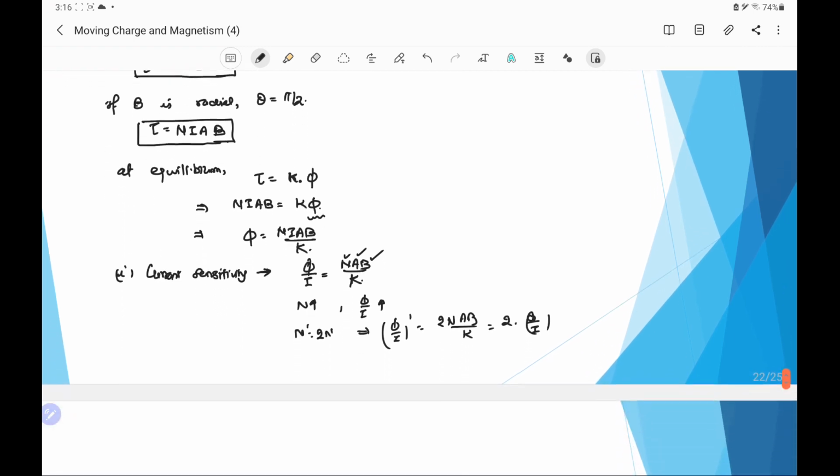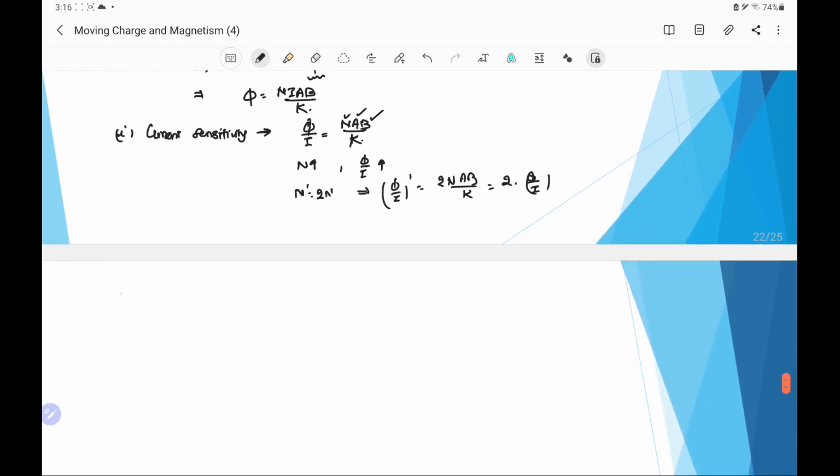Similarly, another is voltage sensitivity. Number 2, voltage sensitivity. It is defined as deflection per unit volt or per unit potential difference applied. Here we have written that phi by I equal to NAB by k.